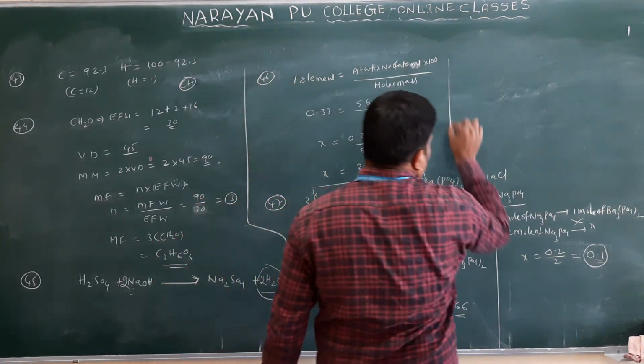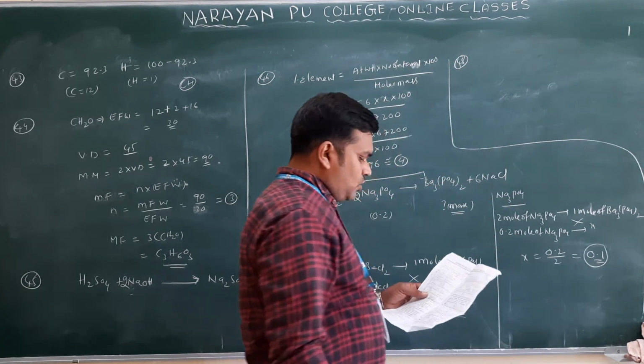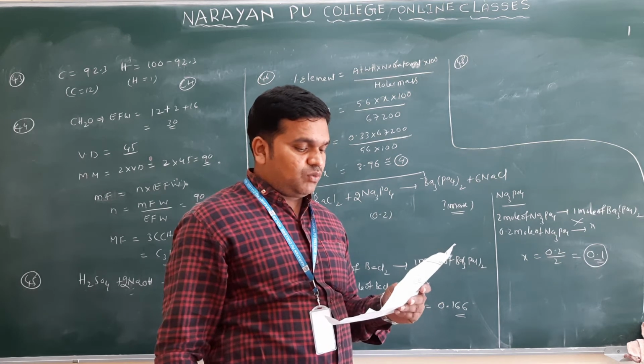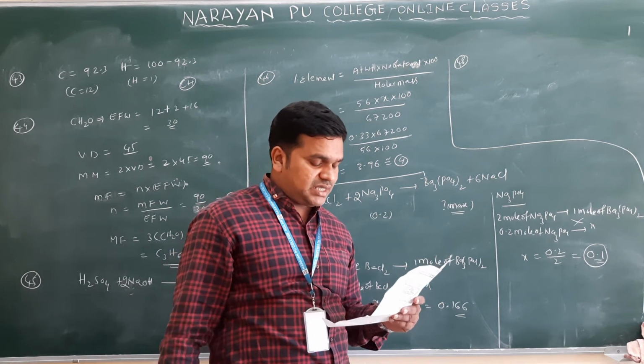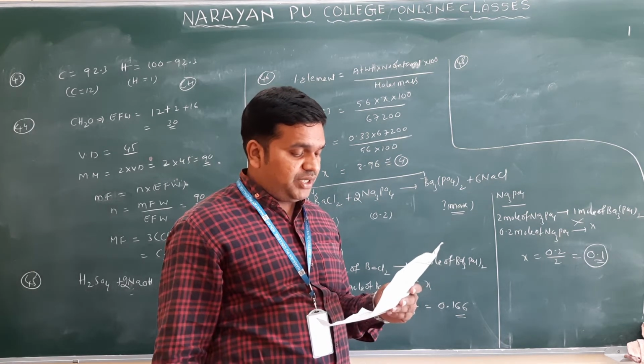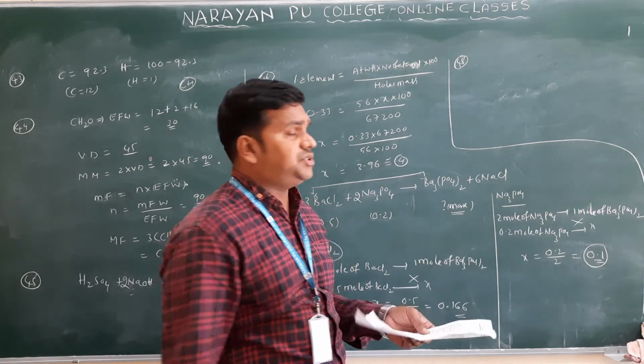Now you can see question number 48. Solutions A and B are 0.1 and 0.2 molar in a substance. If 100 ml of A is mixed with 25 ml of B, with no change in volume on mixing, find the final molarity of the solution.